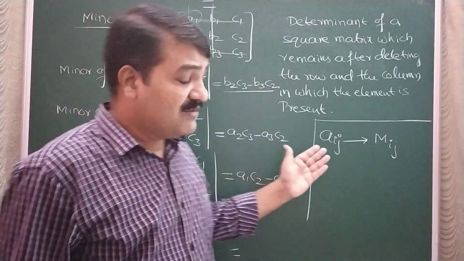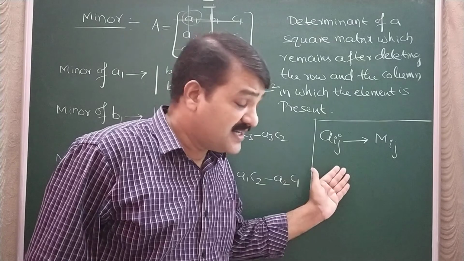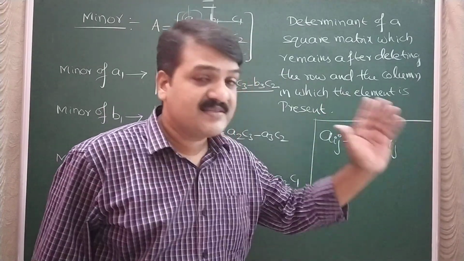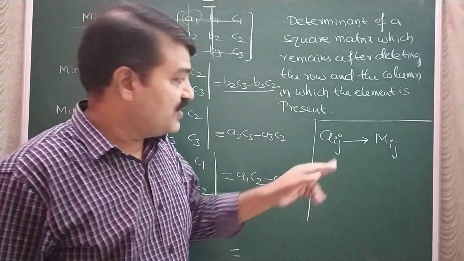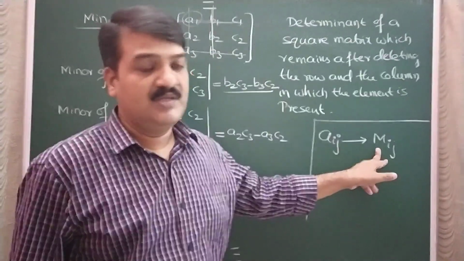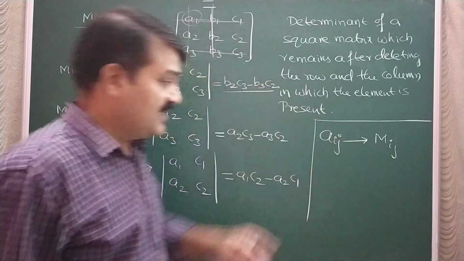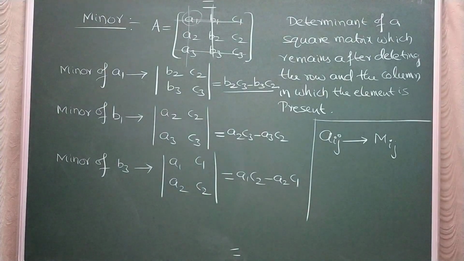That is, if A11 is the element, its minor is written as M11. A12 is the element, minor is written as M12. So we use capital M to denote minor of general element Aij. That is the symbol we use.